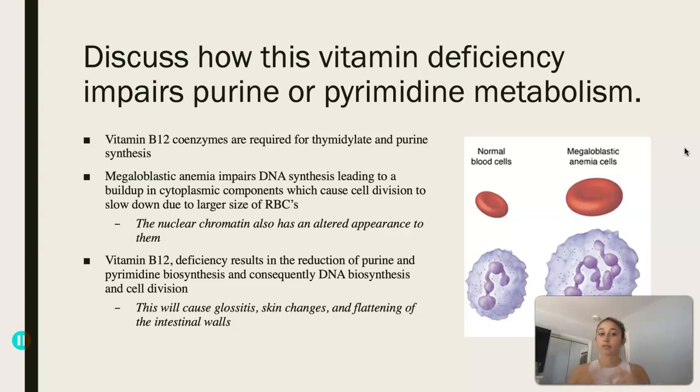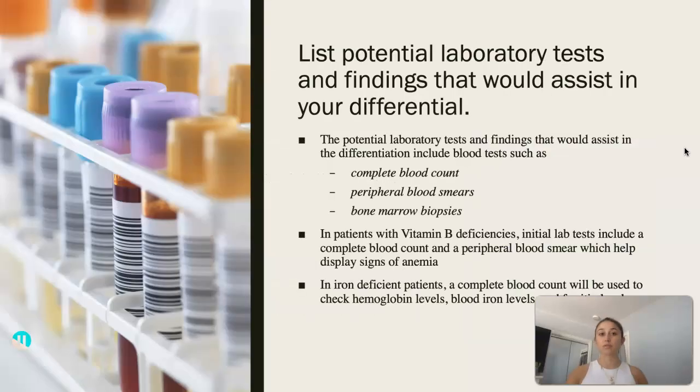The size will slow down cell division, and also because of its size and abnormalities, a nuclear chromatin will have an altered appearance to it, as seen in this photo. So deficiency will result in the reduction of purine and pyrimidine biosynthesis and also DNA biosynthesis and cell division, which will ultimately also cause glossitis, skin changes, and flattening of the intestinal walls.